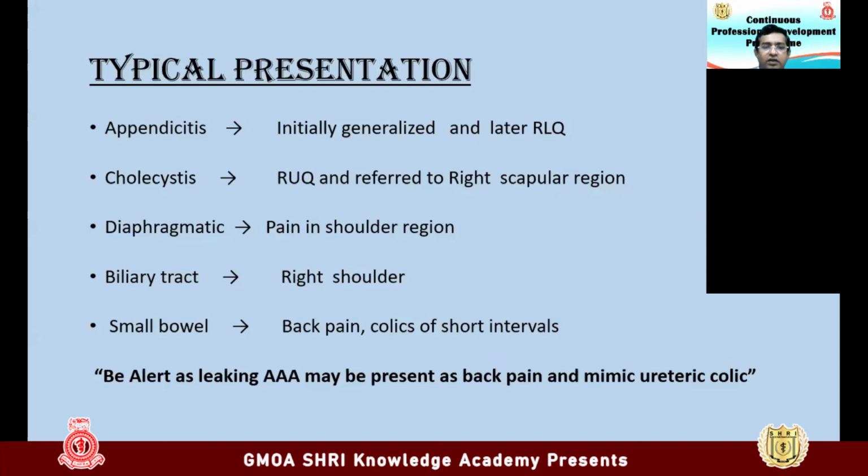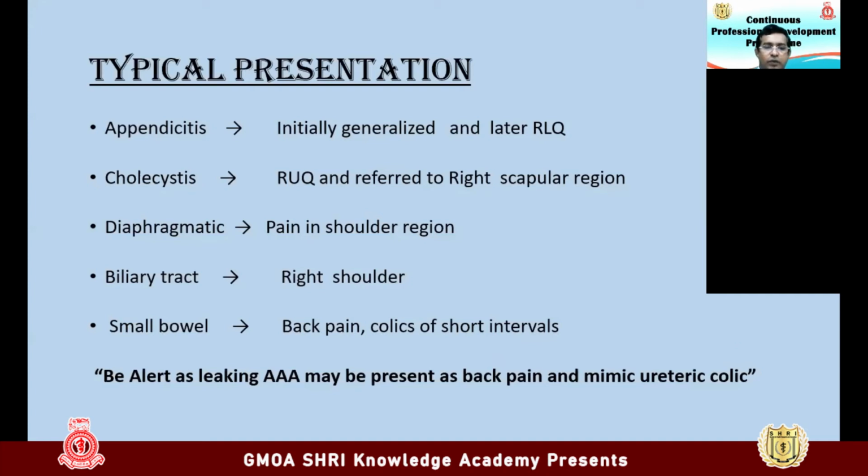Biliary tract, right shoulder. Small bowel, back pain, colics at short intervals. If we analyze the symptomatology clearly and precisely, these explanations will help you come to a particular diagnosis without delay.